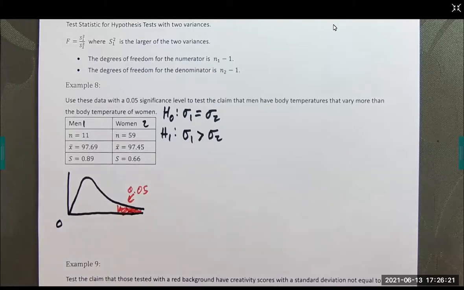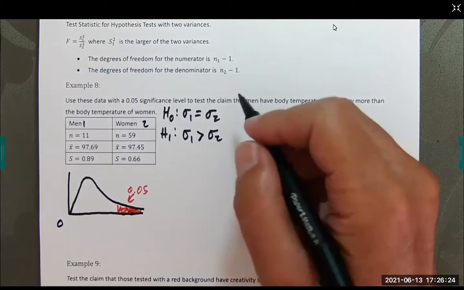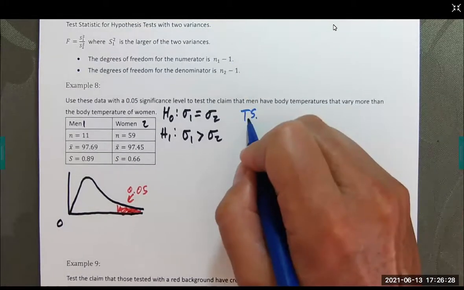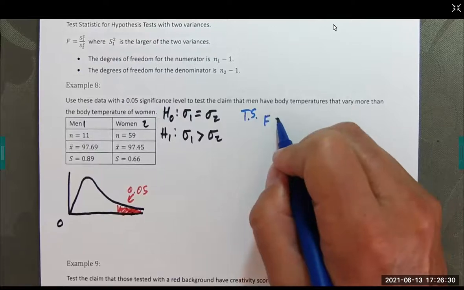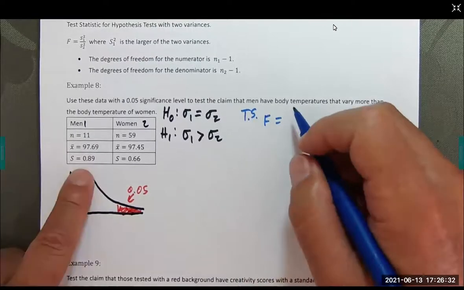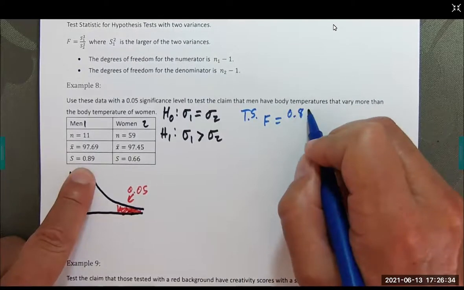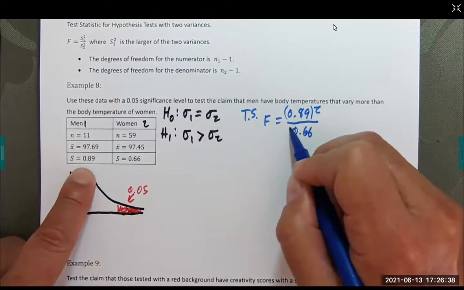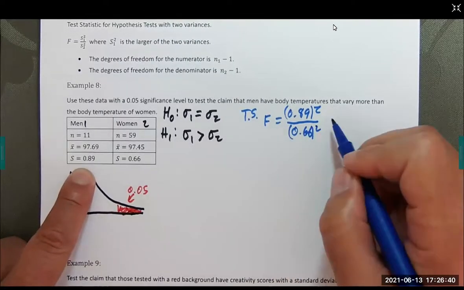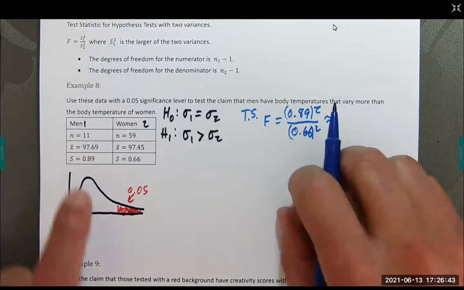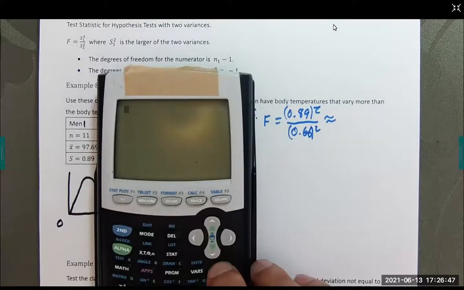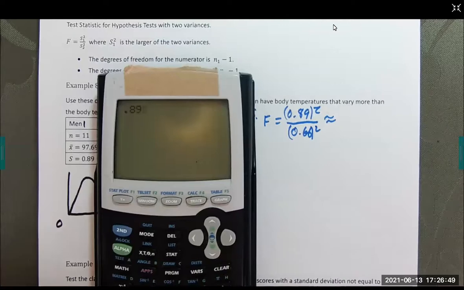All right, so let's find our test statistic. That's going to be F is S sub 1 squared over S sub 2 squared, so that's 0.89 squared over 0.66 squared.